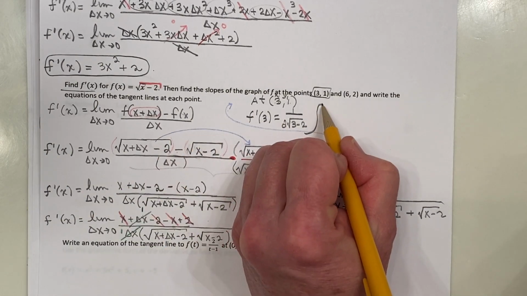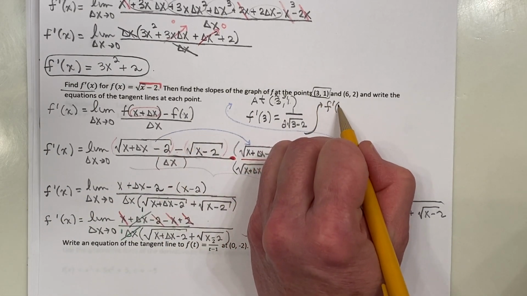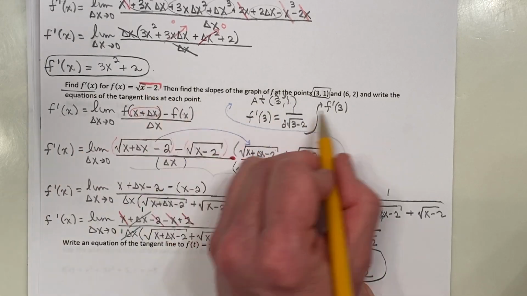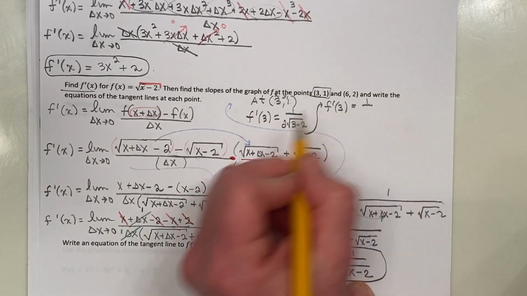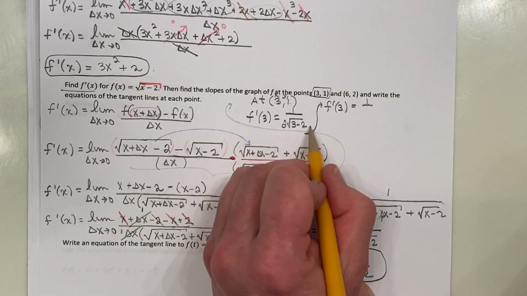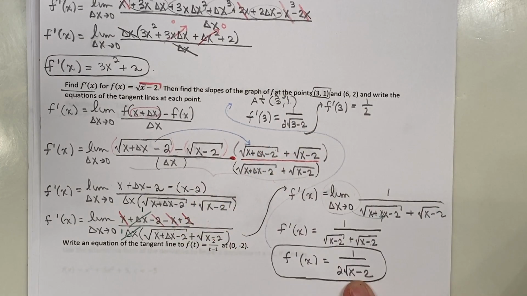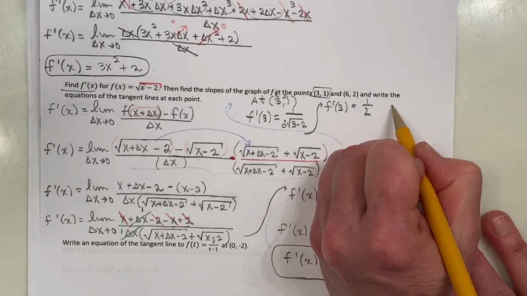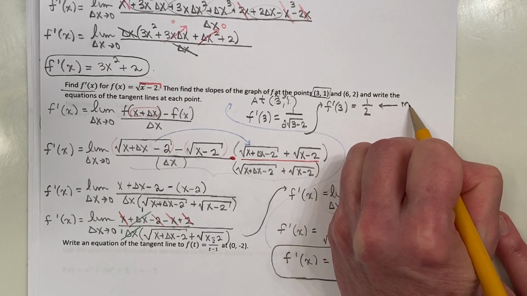So I'm going to come up here. So the slope of the graph at x equals 3 is equal to 1 over, well, that's just 1, square root of 1 is 1, so 1/2.